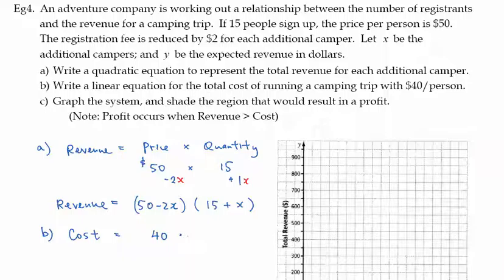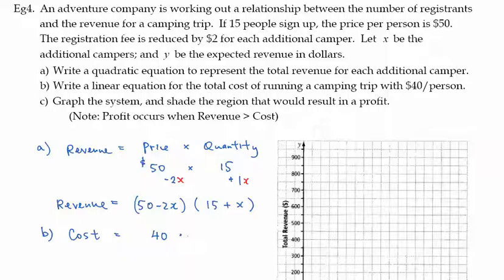But if there are 10 people going to the trip, how much will they be paying? If each person needs to pay $40 and there are 10 people going, how much money are you going to collect? 400. 40 times 10.